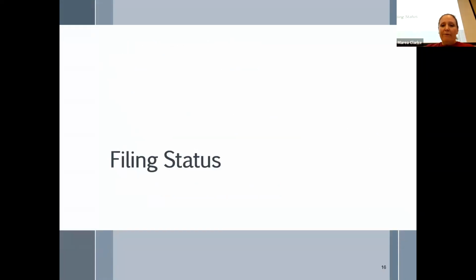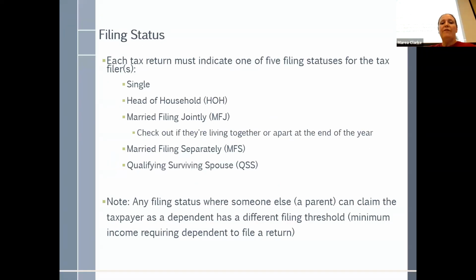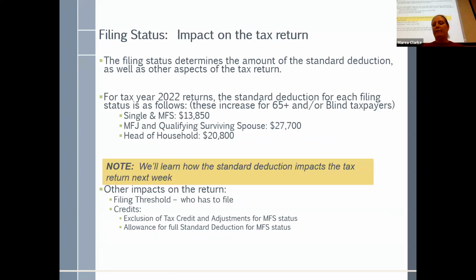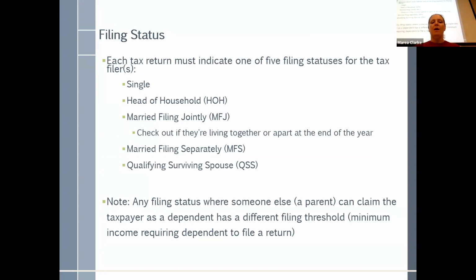All right, so let's talk about filing status. Think of it as a category. All taxpayers choose a category of what their situation is when they file. And there are 5 of them. They're called single, head of household, married filing jointly, married filing separately, and qualifying surviving spouse.